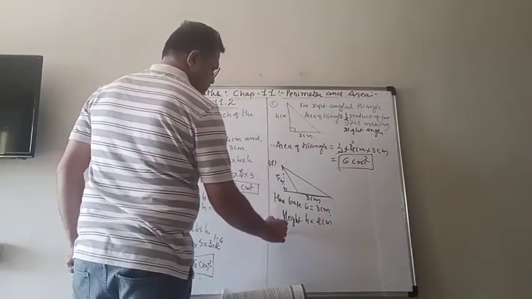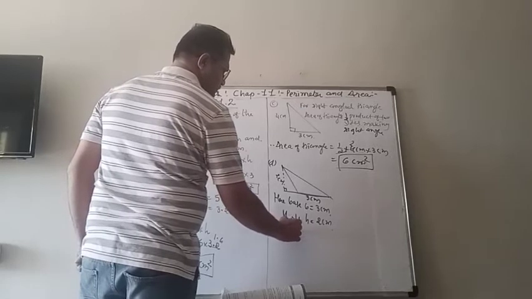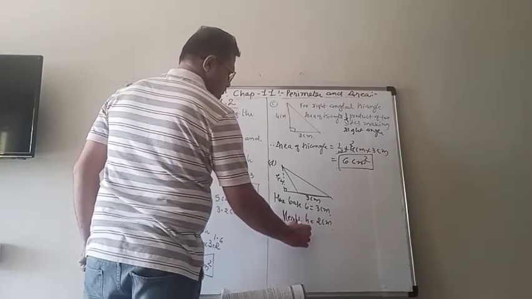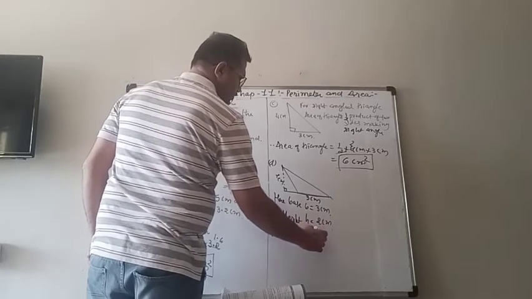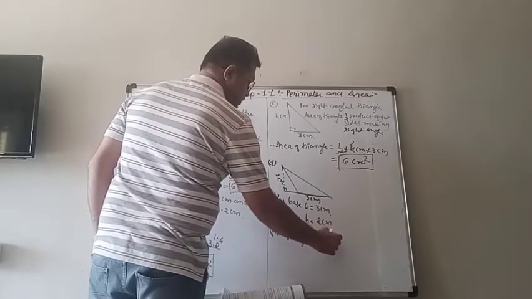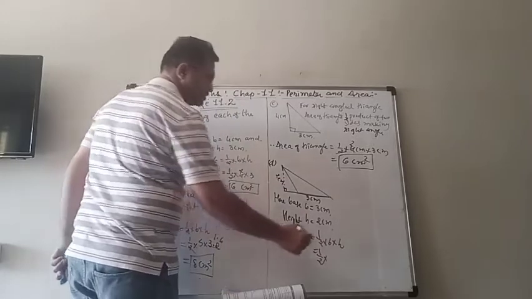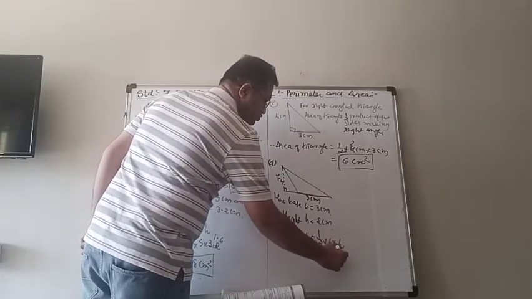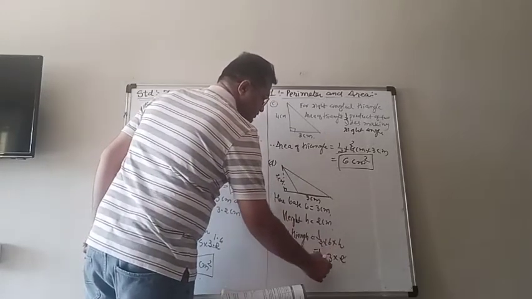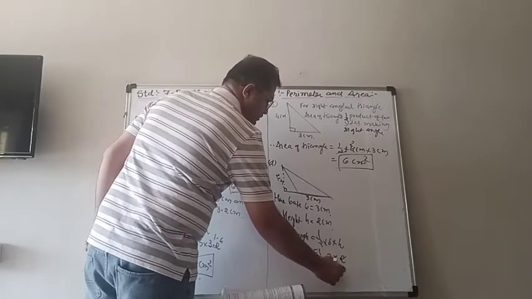So the area of the triangle is equal to 1 by 2 into B into H. So 1 by 2 into 3 into 2. The 2s cancel. So 3 centimeter square.